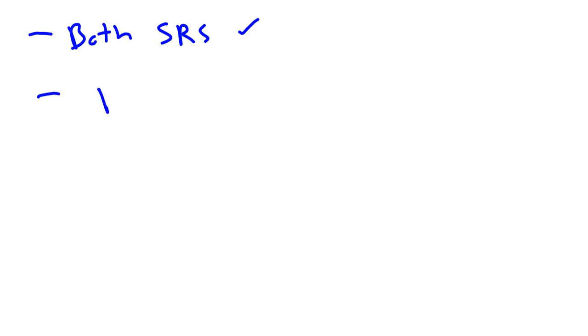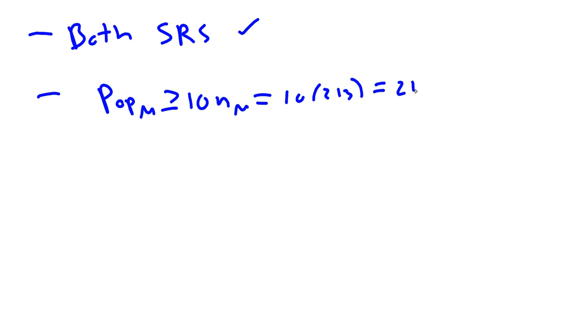Number two, you're supposed to check that the population of all men is greater than or equal to 10 times the sample size of men that were interviewed. Well, there were 213 men in total, so this is 10 times 213, or 2130. Well, there's certainly more men than that in college that were never married.